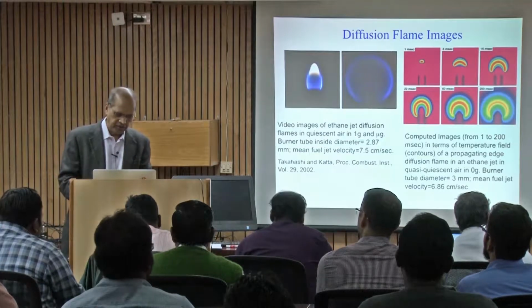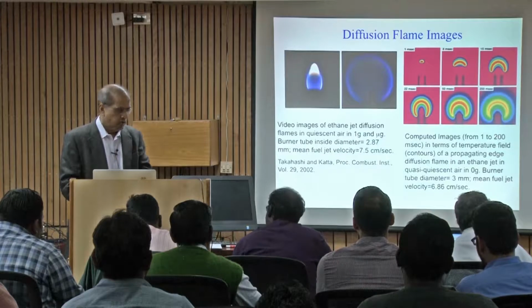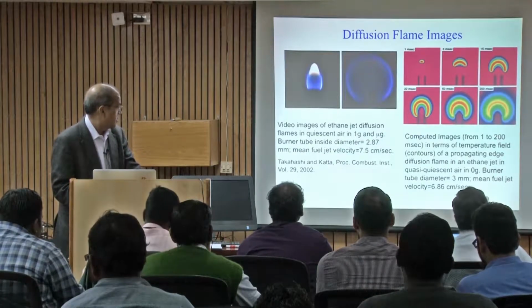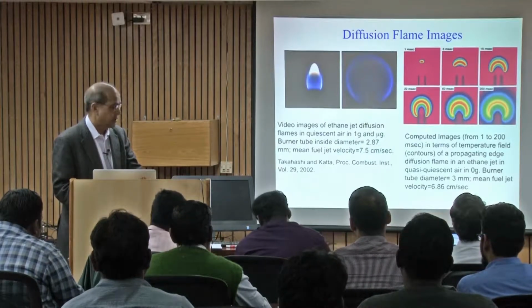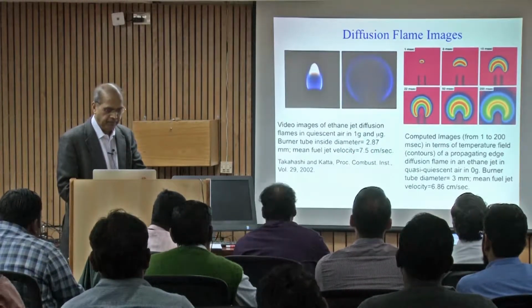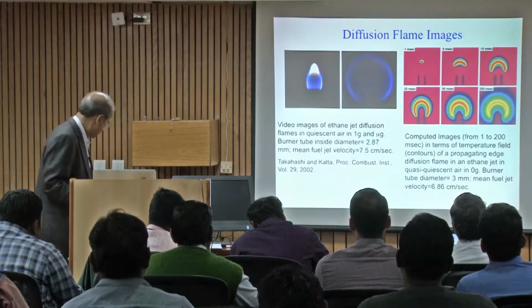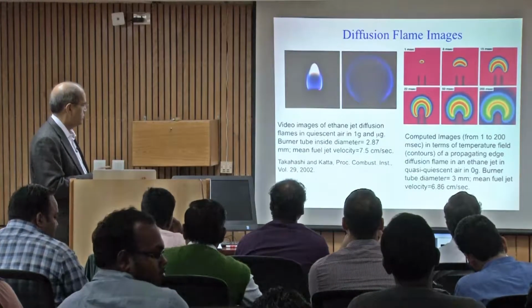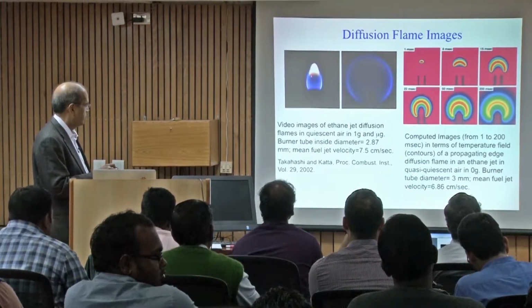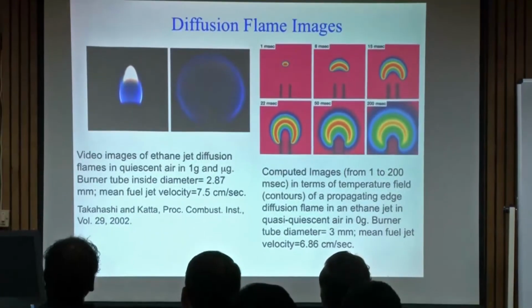Here are some images of a jet flame, and you have seen this before. A fuel jet is coming out from a tube, air is outside, and then you get the flame. Again, emphasizing, this is the flame, and at the tip you have the soot being formed.